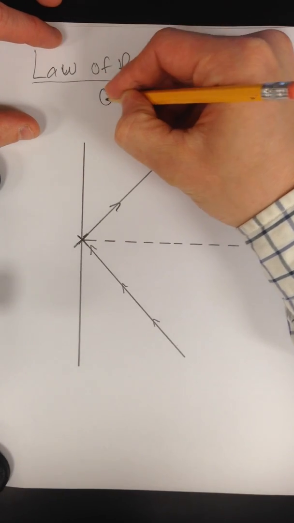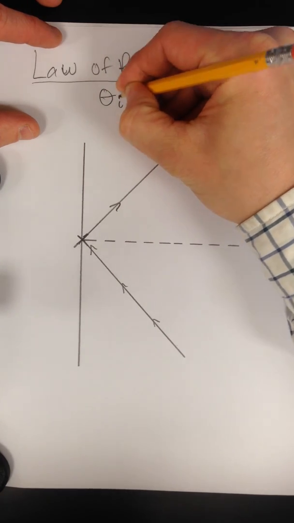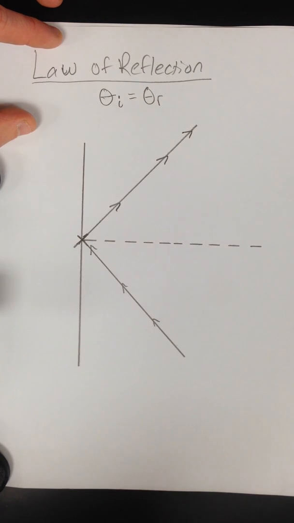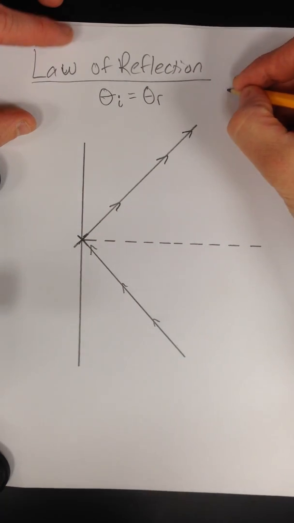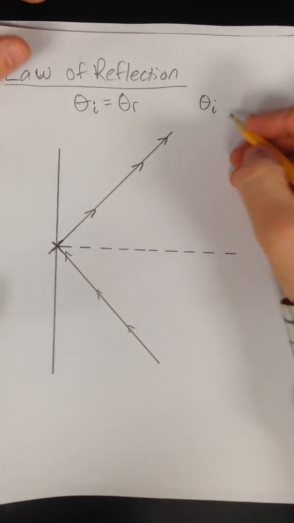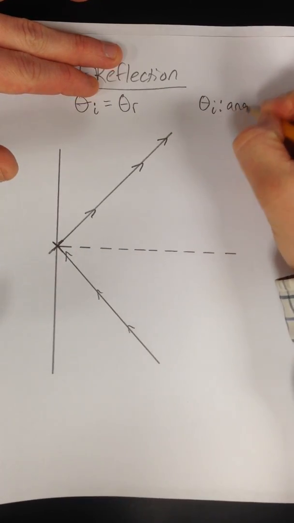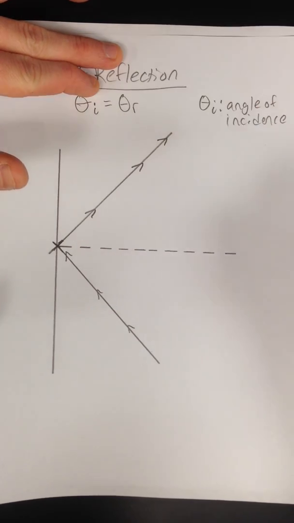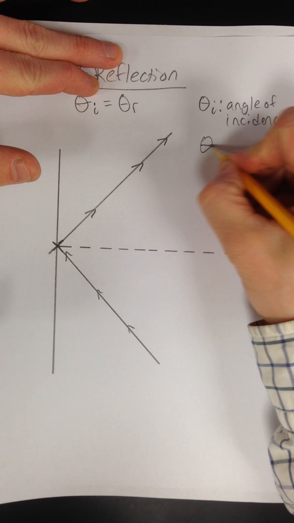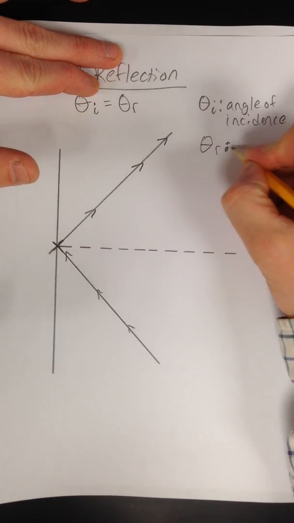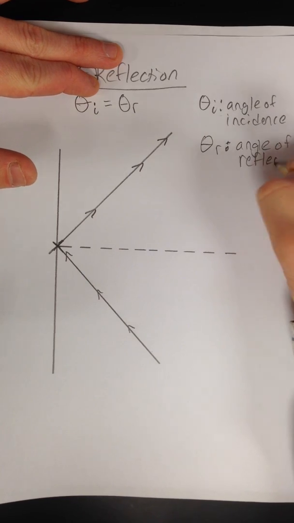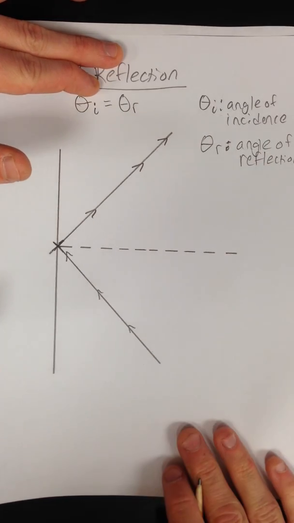The law of reflection states that theta, that means an angle, theta I equals theta R. Theta I is the angle of incidence, and theta R is the angle of reflection. So I stands for incidence and R stands for reflection.